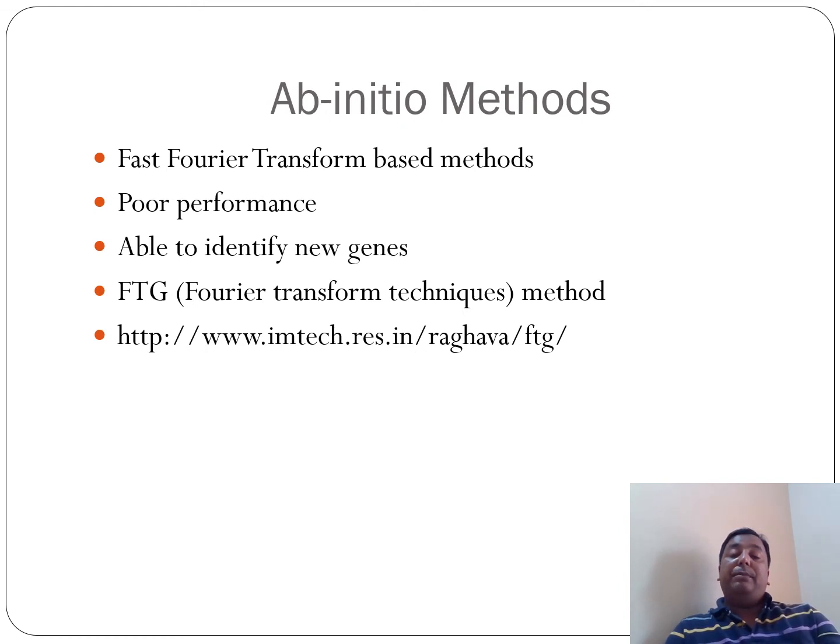And now, ab initio methods. As I told you, the ab initio method depends on thermodynamic properties, where we identify some kinds of frequencies which lead to identifying the genes, and we analyze some environmental parameters which are responsible for giving particular functional genes, right?